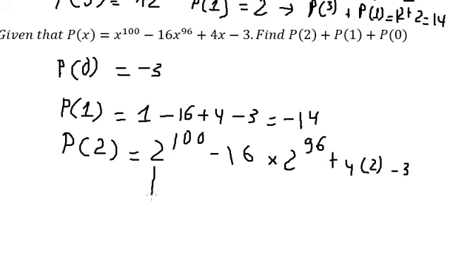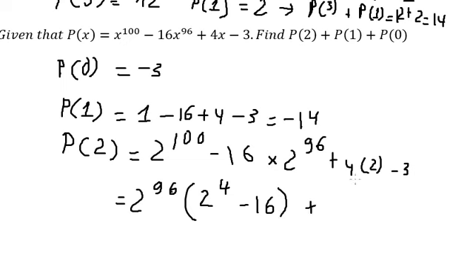If we look carefully at this one, we can do factorization by 2 to the power of 96. And this one you got 2 to the power of 4. Because 4 with 96 you got 100. 4 with 2 you got 8.